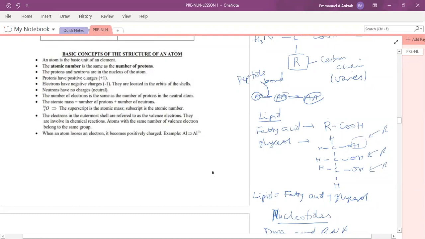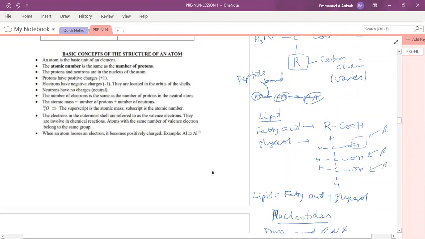Now the protons and neutrons are in the nucleus. The protons have a positive charge. The electrons have a negative charge, and they are located in orbits or shells. Neutrons have no charge. That's why they call them neutrons. Then the number of electrons is the same as the number of protons in the neutral atom.